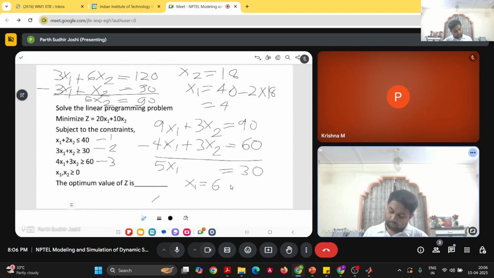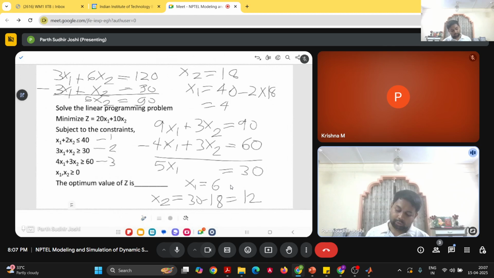And x2 will be 30 minus 3x1. So 30 minus 3 into 6, 6 3s are 18, which will be 12.